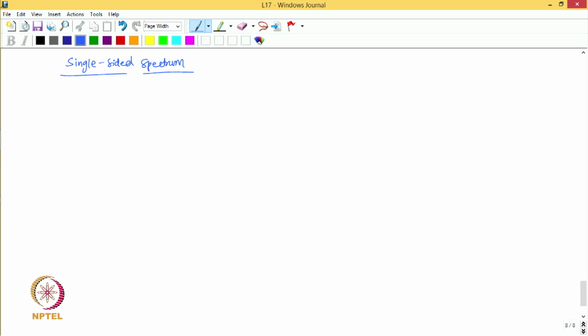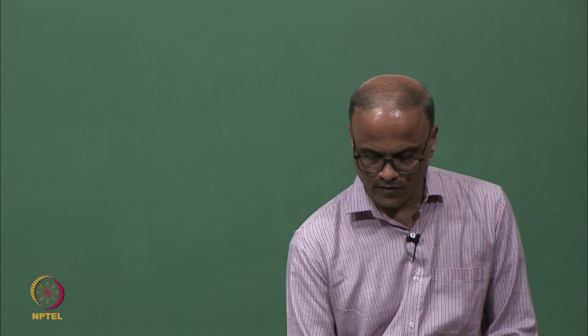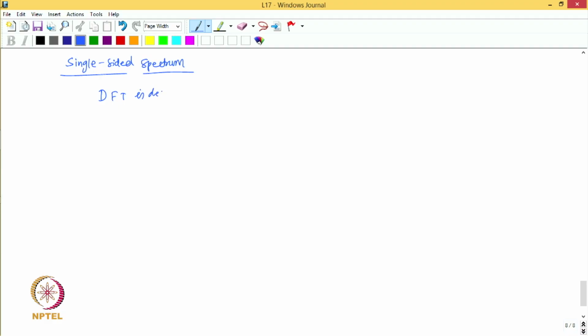The DFT is basically defined over a complex frequency axis, which means it has positive as well as negative frequency components.